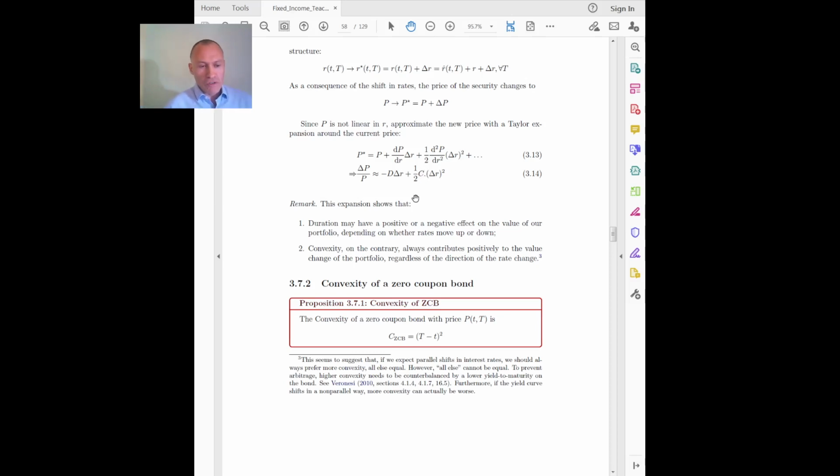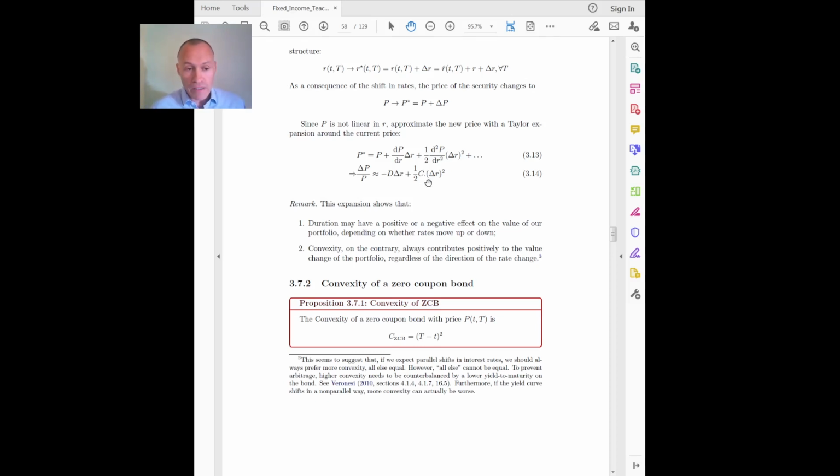Before we move on, just note these two remarks, which are kind of interesting. Duration may be good or bad, depending on the sign of the interest rate change, since I may want to have higher or lower durations, because the sign here is important.